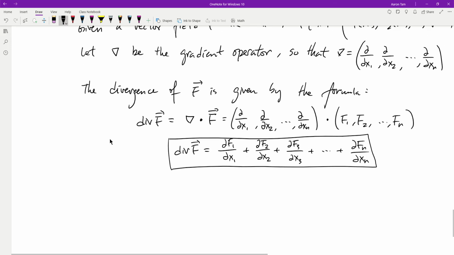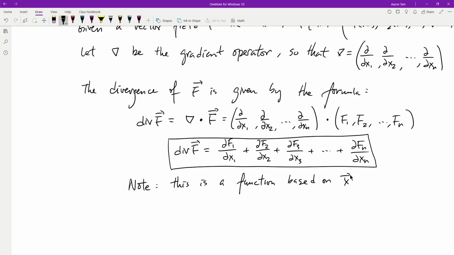Now, important to understand is that this is a function based on vector x. So to calculate the divergence of a vector field, you can form this formula, but to calculate the divergence at each individual point, you will have to plug in vector x.